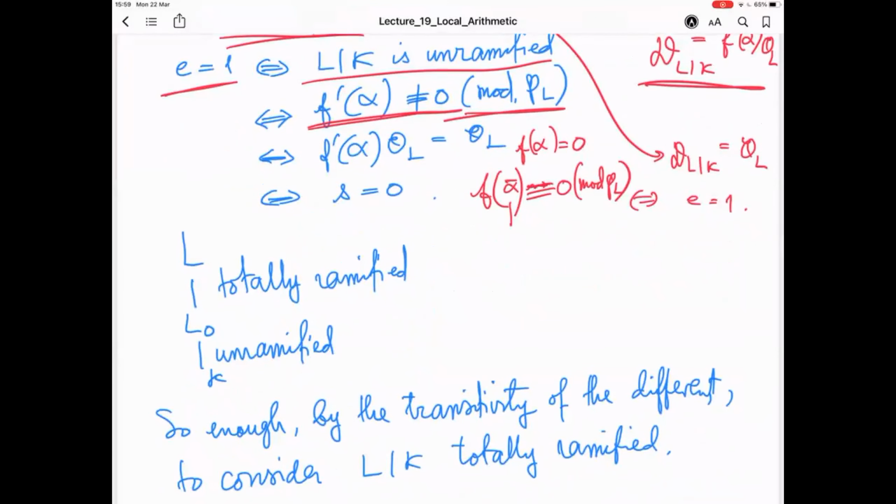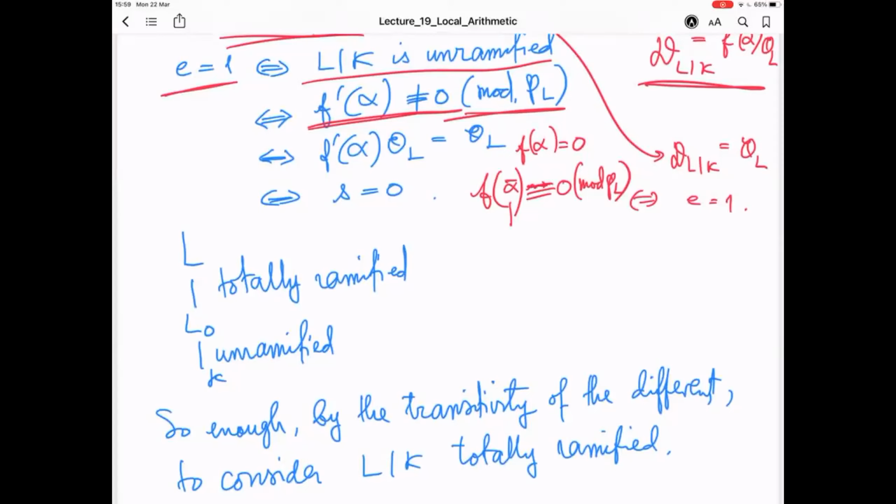Okay, so you write, yes. So since alpha is separable over the residue field, f prime of alpha is not congruent to 0 mod p. And that's the same as saying that f prime of alpha is a unit, so it generates the unit ideal, and that's the same as saying that S equals 0.